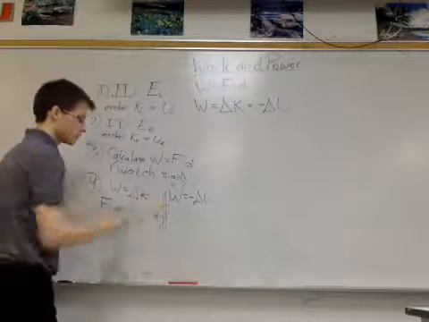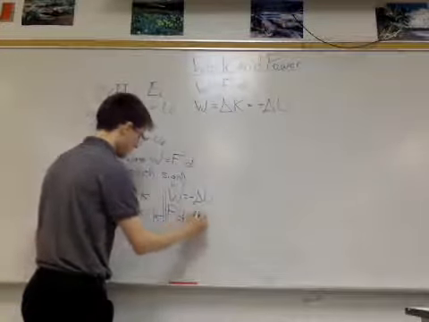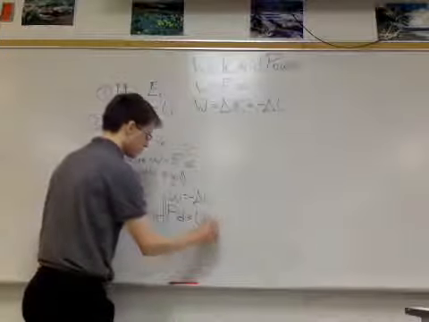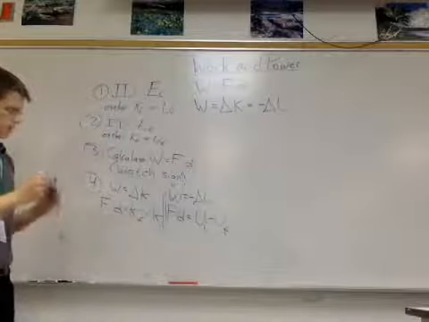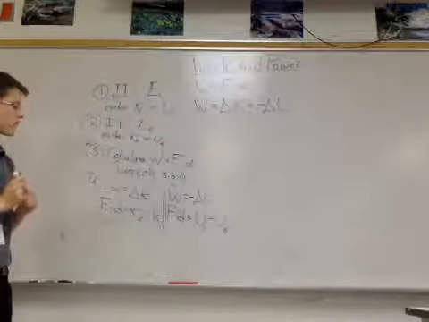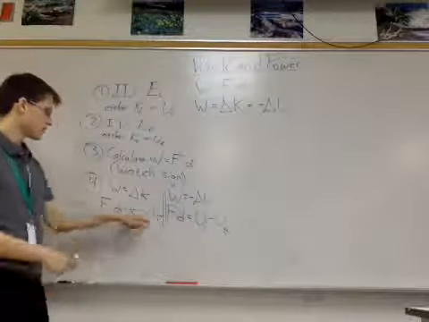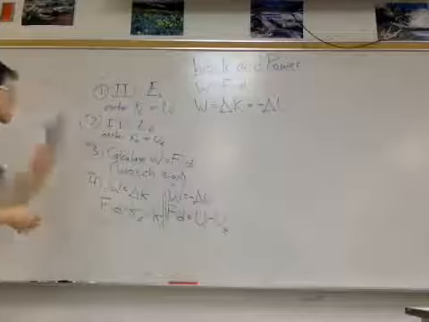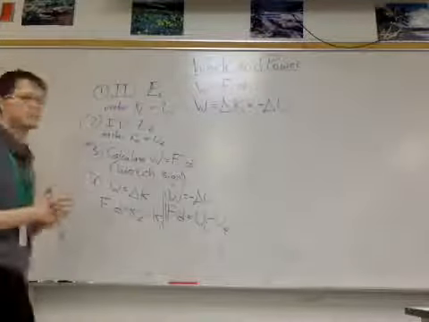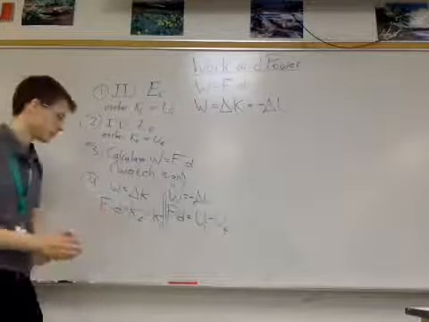Or, if you're using potential, you're going to have force times displacement is equal to your initial potential minus your final potential. So notice that this is Ui minus Uf. The reason for that is because of the negative sign, so we take the negative of final minus initial, which is initial minus final. So using this 4-step method, you should be able to solve pretty much any work problem that comes your way. So let's look at an example.